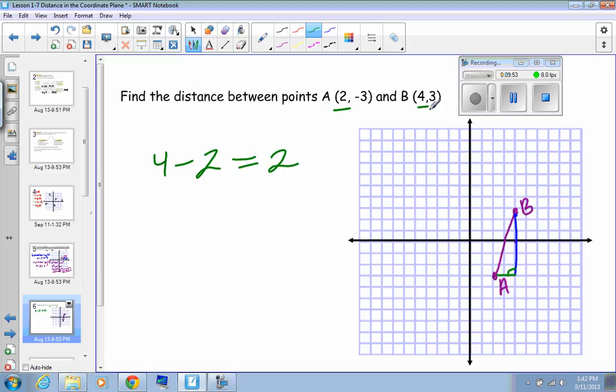Then I'm going to take 3 minus a negative 3. For dealing with integers, anytime there's two negatives, it automatically becomes a positive, so I get 6. So this value is 2, this leg is 6.